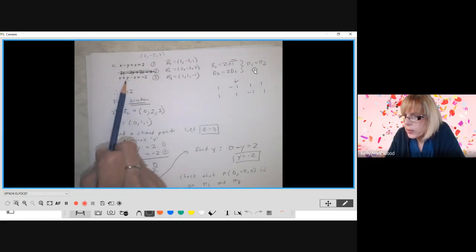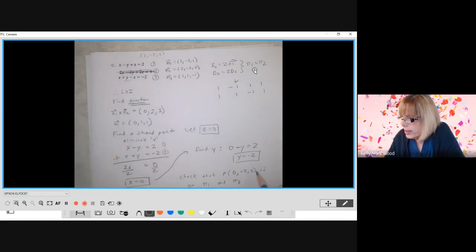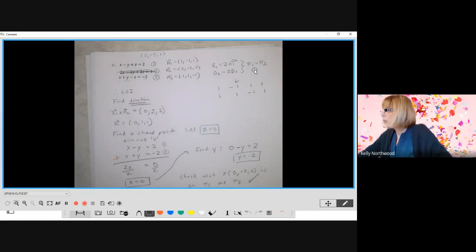So we just have -2 on this side and that side. So it is, yep, check. So therefore, the line of intersection is r equals our point. Make sure your x goes first. So 0, -2, 0, plus t times our direction vector, and then find our picture.